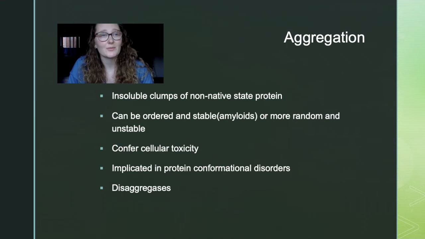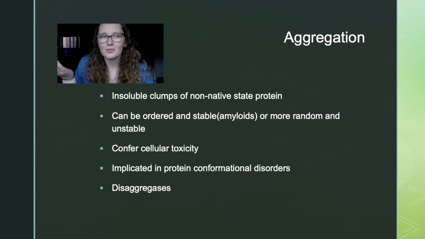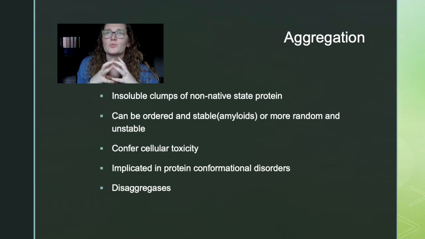They include Alzheimer's and Parkinson's disease, so clearly aggregation is not good. Well, you may be wondering, why don't the molecular chaperones just fix that problem? Well, this big insoluble clump is just too much for normal molecular chaperones to handle. They can't pull apart those proteins and refold them or degrade them very easily.